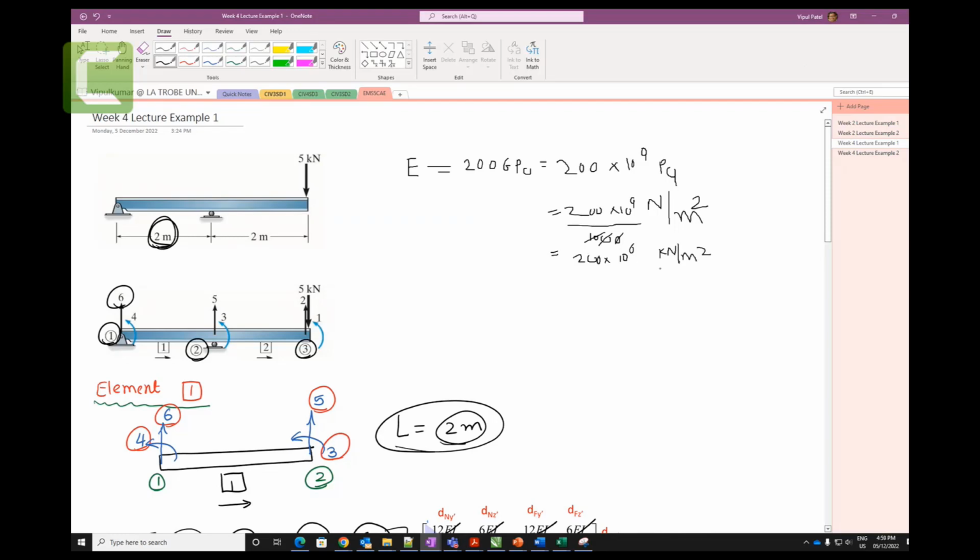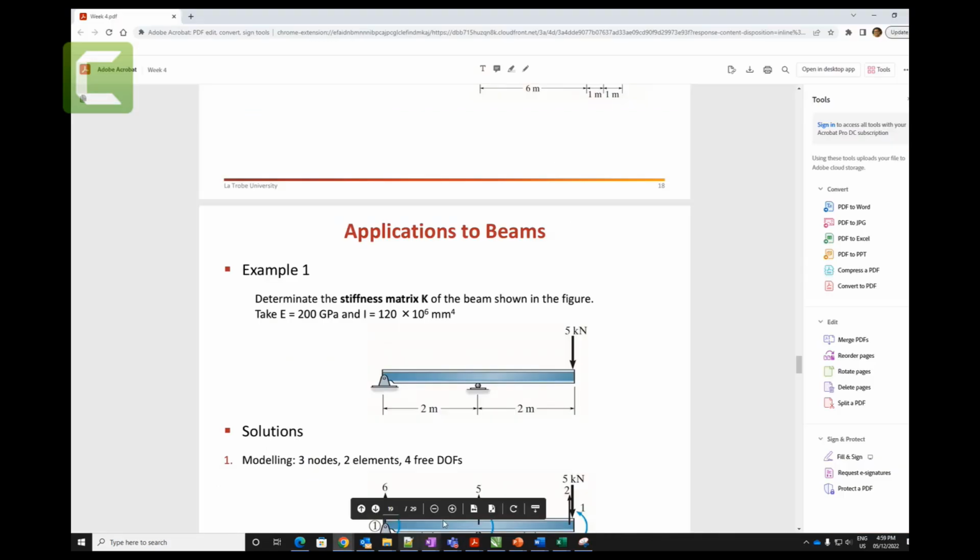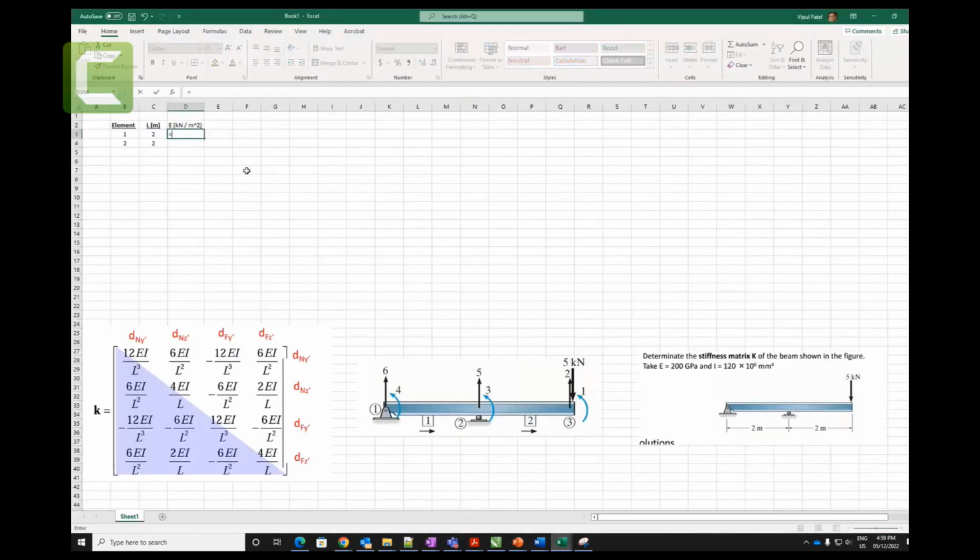So I can write 200 times 10 to the power 6. I hope you know how to do it. Just put the equal to sign, type 200 times 10 to the power 6 using your keyboard, press enter.